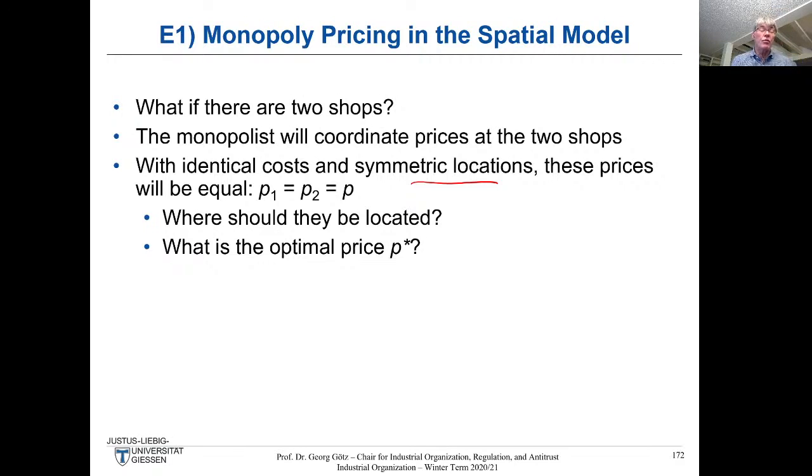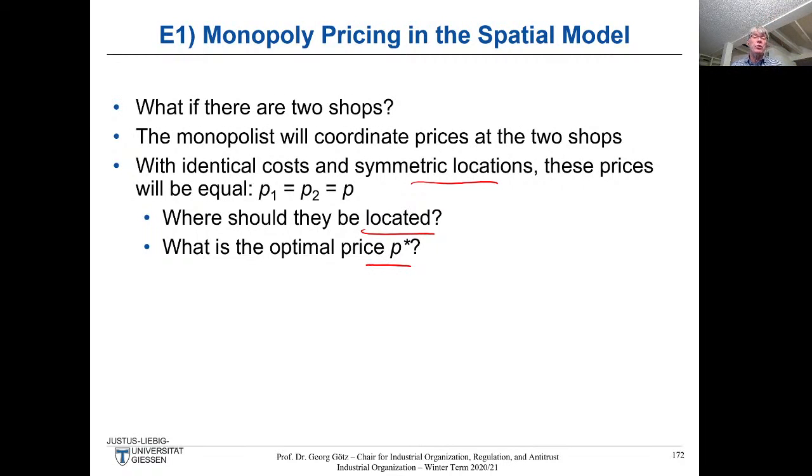But there are many symmetric locations. Both could be located at the center. Both could be located at the edges, one at 0 and one at 1. And many different symmetric locations as well. So the question is, where should they be located, and what is then the optimal price?